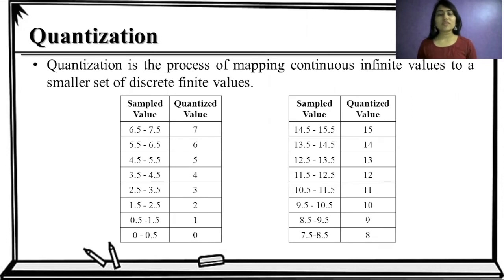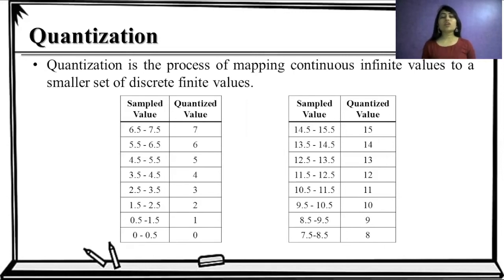So here we have this table for the quantization process. Here we round this approximate sampled analog value into a quantized value. For example, if we have a total of 16 quantization levels, we can convert the sampled value into parts using these quantization levels.